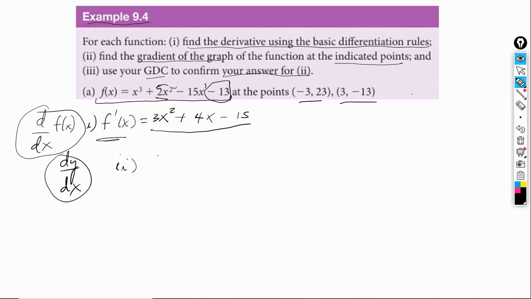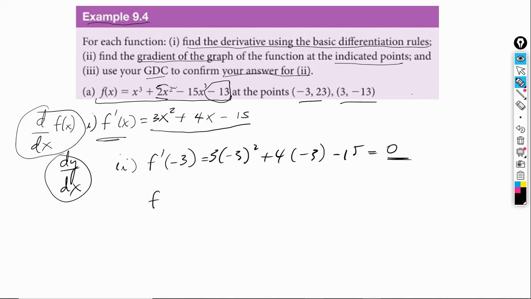So if we do it with, say, -3, we plug in the -3 in the derivative, we're going to get 3 times -3 squared plus 4 times -3 minus 15, and if you do the math, this is going to give you 0. That means that the gradient of the function f is 0 at the point x equals negative 3.